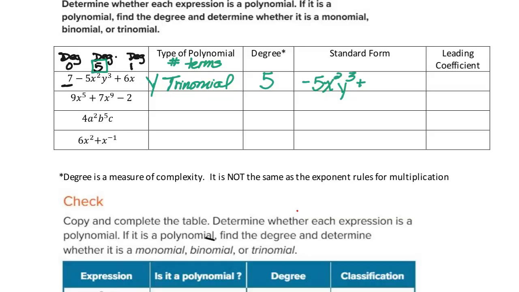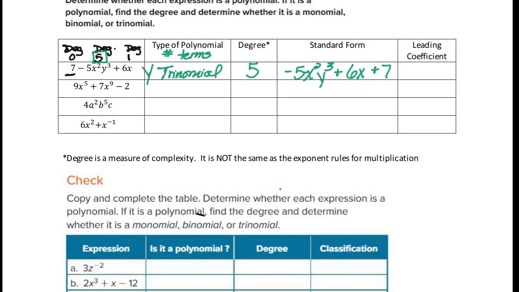Plus 6x plus 7. That is in standard form. Again, notice you can have a negative out front. So what is the leading coefficient of that trinomial? -5. That is the leading coefficient, the number out front.